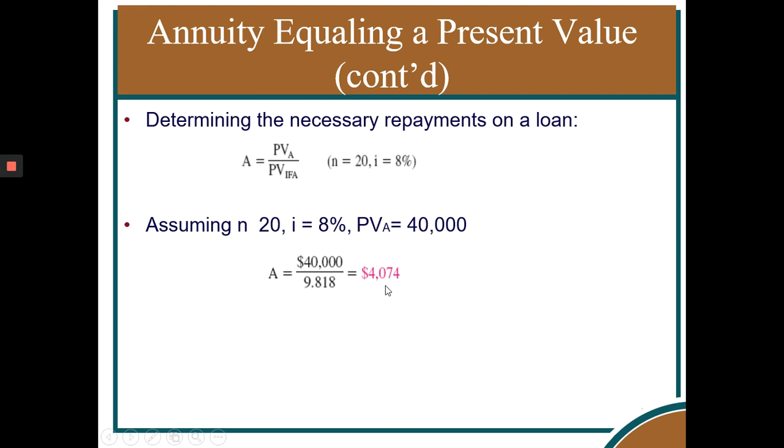So your annuity would be 4,074. Here the question is you have taken a 40,000 loan, and you need to find out how much you have to repay in order to settle your loan. For the next 20 years, you have to pay 4,074 in order to settle your loan.